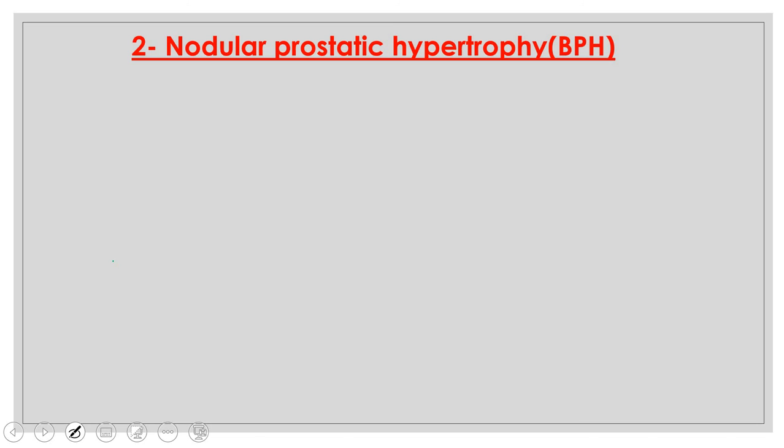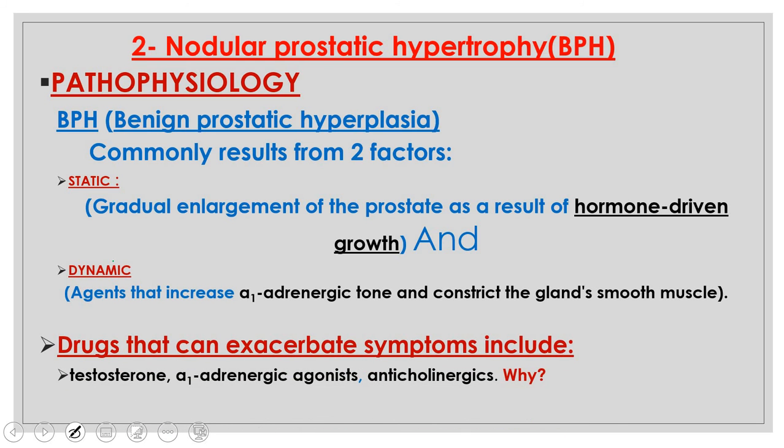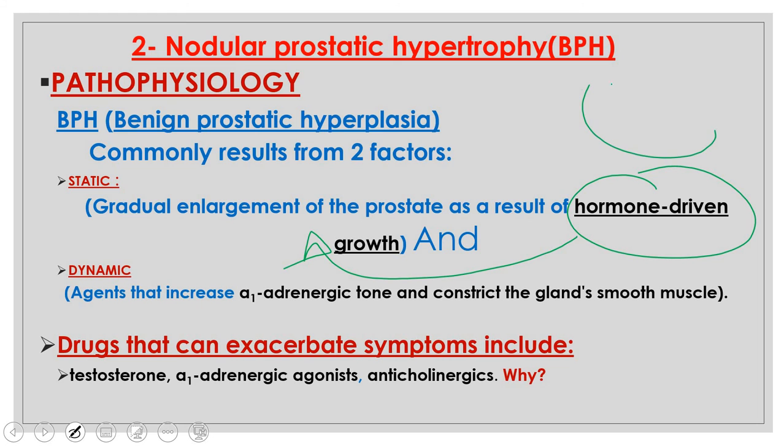So in case of nodular prostate hypertrophy, what will you do? You must understand how it happens. It is hormone-driven: the number of cells and the growth of the prostate gland are increased, and so there is an increase in the size and mass of the prostate gland.